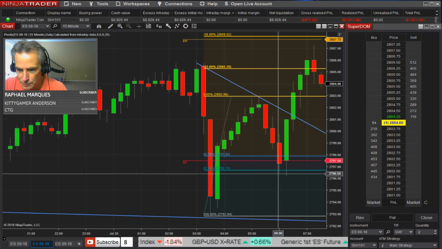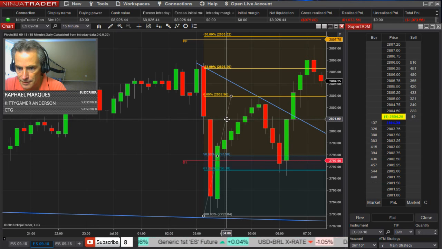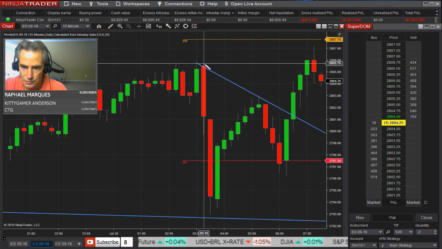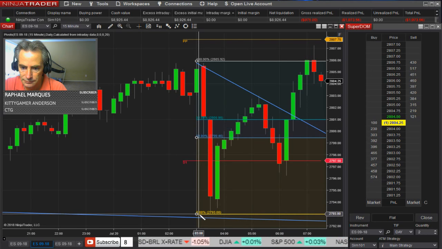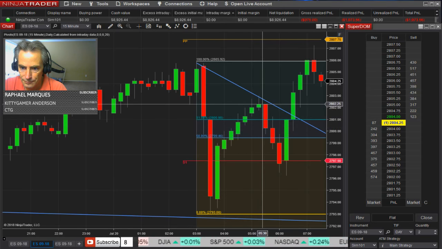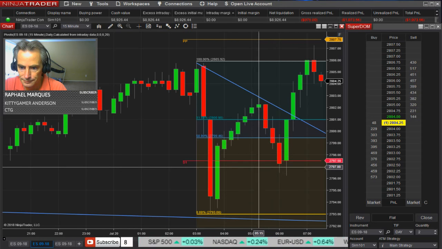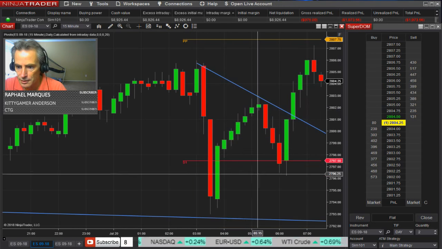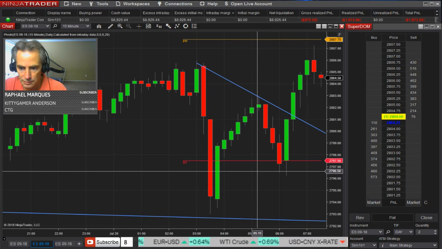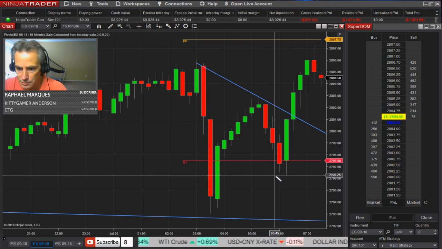Well, actually, it broke it by one tick. Let's see if it held it short. Nope. So now we'll be looking for it to hold this long here.